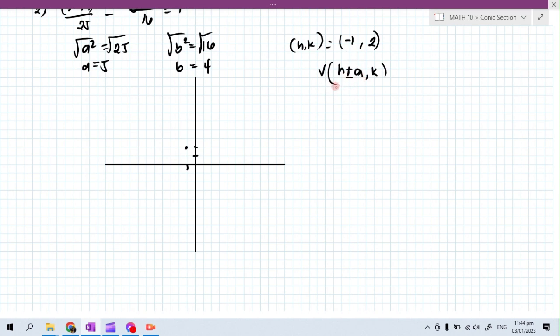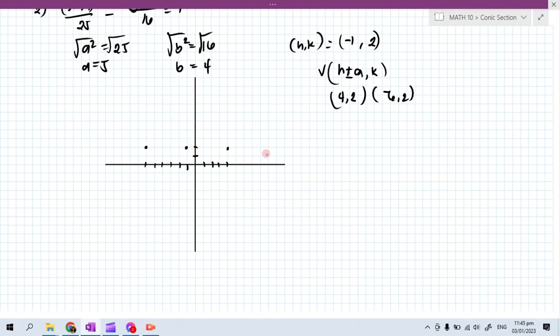So negative 1 plus 5 is 4, 2, and negative 1 minus 5 is negative 6, 2. So we need to plot those two. 4, 2: 1, 2, 3, 4 over here, and negative 6: 1, 2, 3, 4, 5, 6 over here.